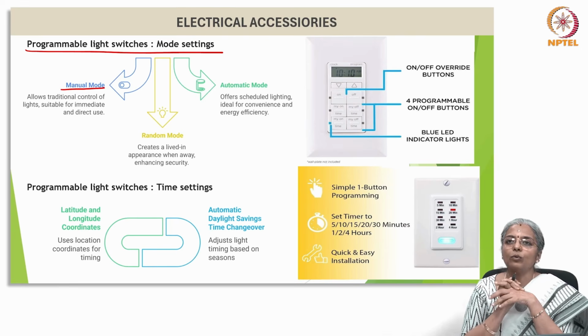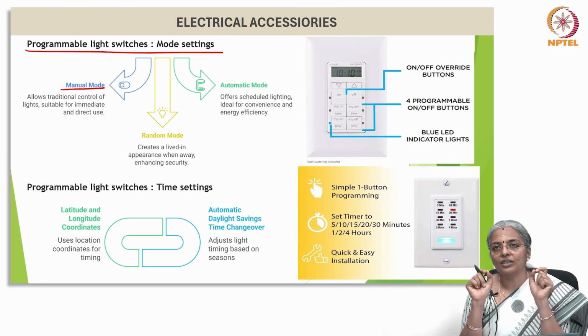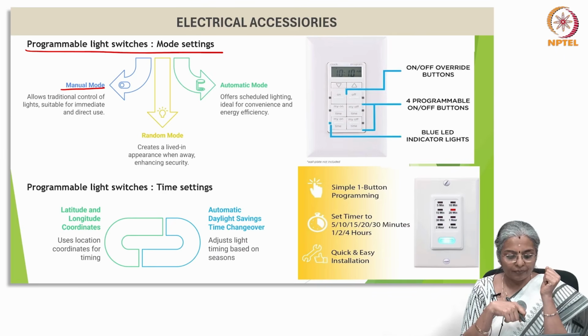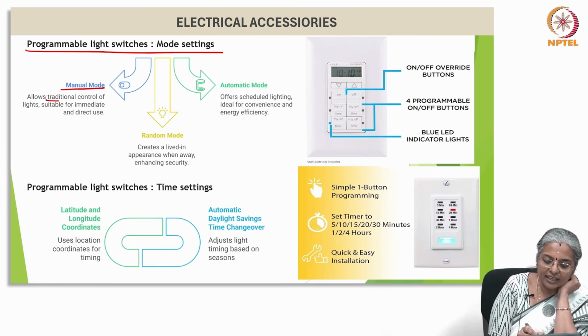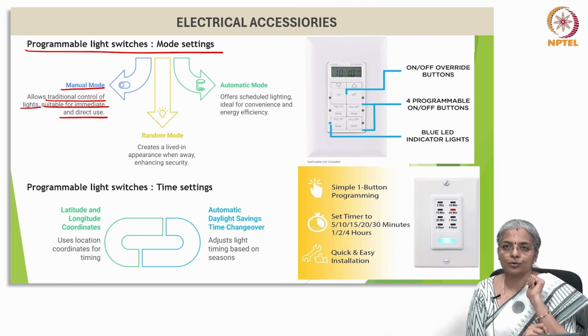So, what is a manual mode? In this mode, we can operate the light switches like any regular switch, like we have to use the button to turn the switches on and off. So, this is more a traditional control of lights and it is suitable for immediate and direct use.